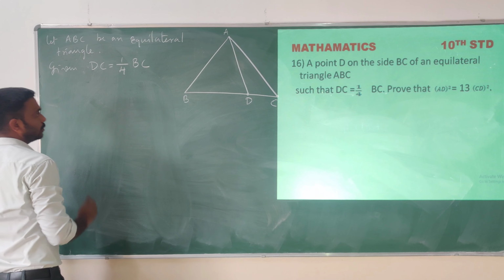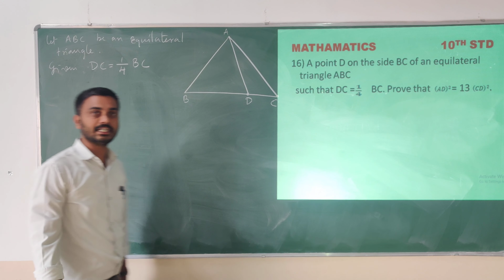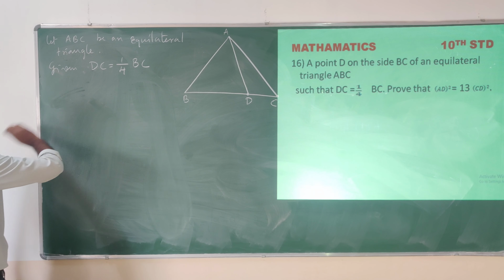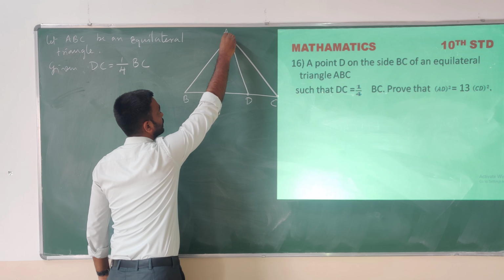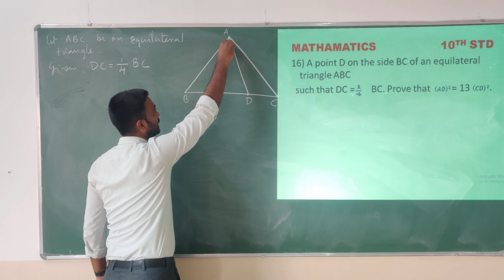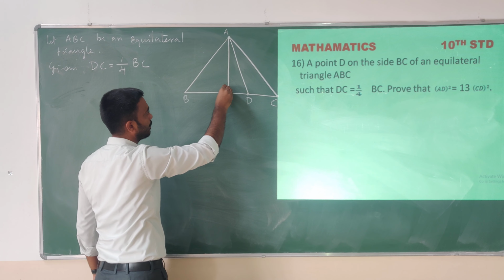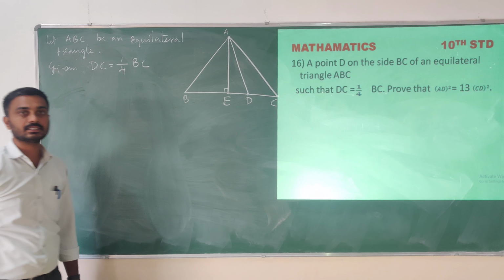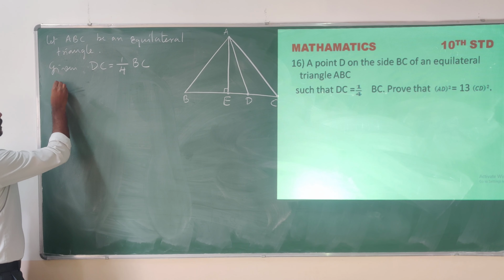So now to prove this result, AD square is equal to 13 times CD square, by using the construction method, draw a perpendicular from point A to side BC. Call this point E. So what is the construction part here, dear students?